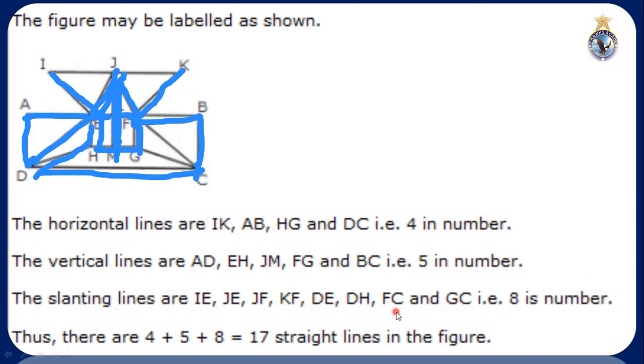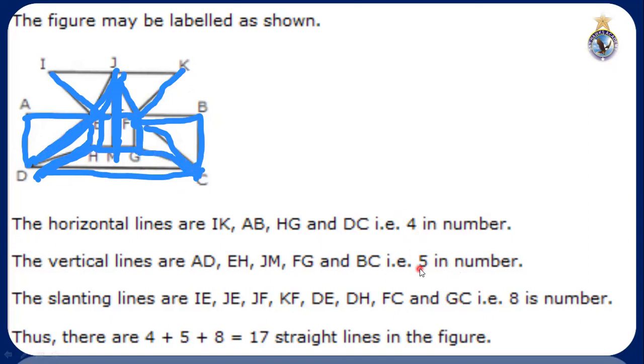Then DH. Where is DH? So this line is DH, starting from the bottom and reaching at the top. Good. Then FC. One more. This one is a slanting line, FC. And GC, one more is GC. Okay, good. Now these are 8.